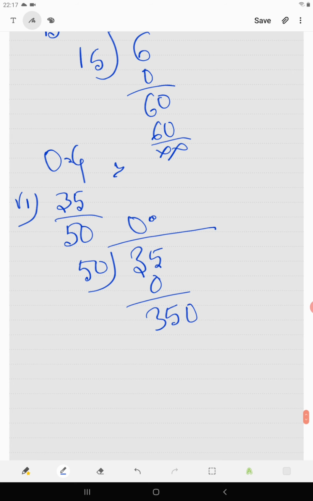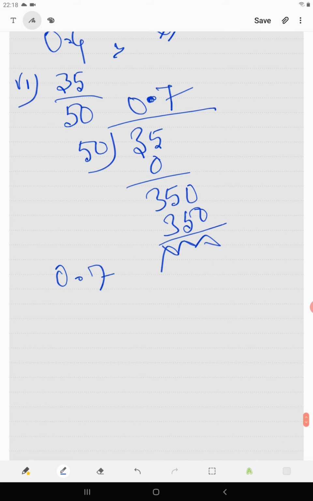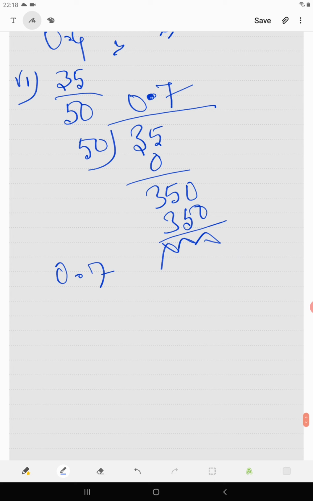Put 0 and point over here. Okay, 5 7 ja 35, 5 7 ja 350. So we got 0.7. Okay, so this is our question 9 of problem 1. Okay, so we are done with the problem 2.